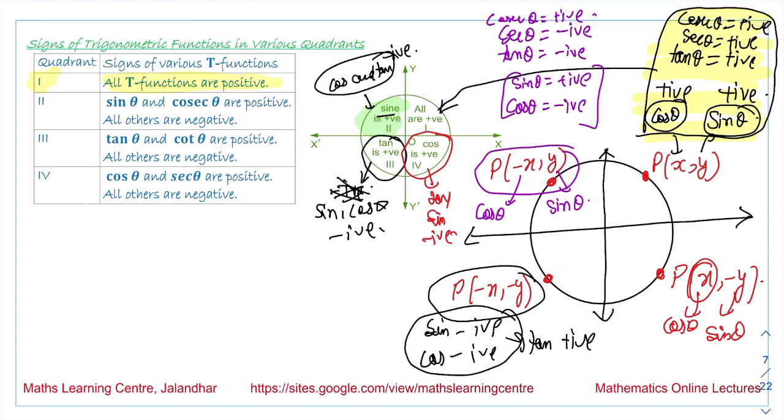In the second quadrant sin and cosecant are positive and all others are negative. In the third quadrant sin and cos both are negative. So tan is positive, so cot is also positive and all others are negative. And in the fourth quadrant cos and secant are positive and all others are negative.